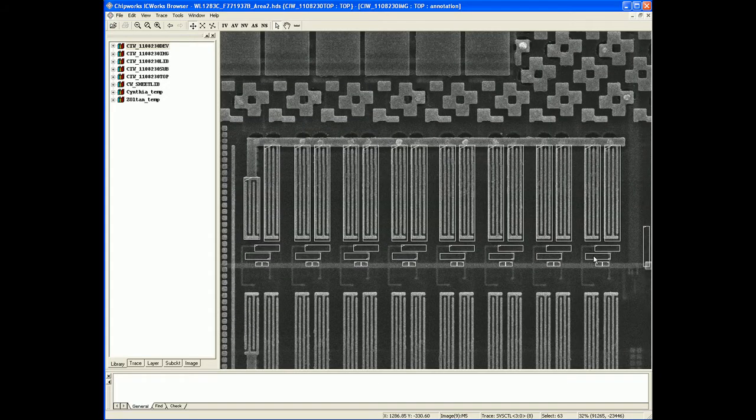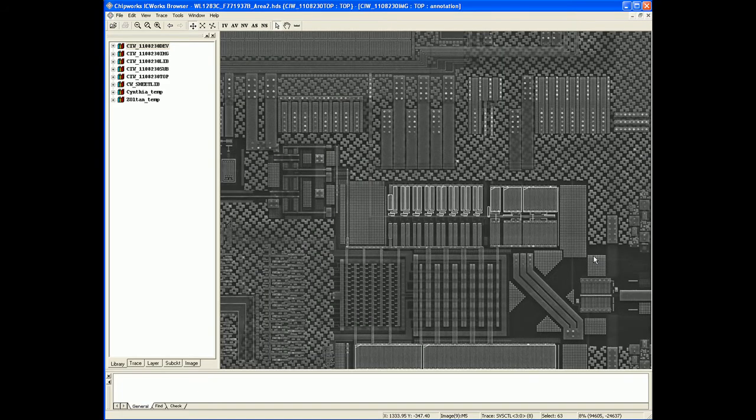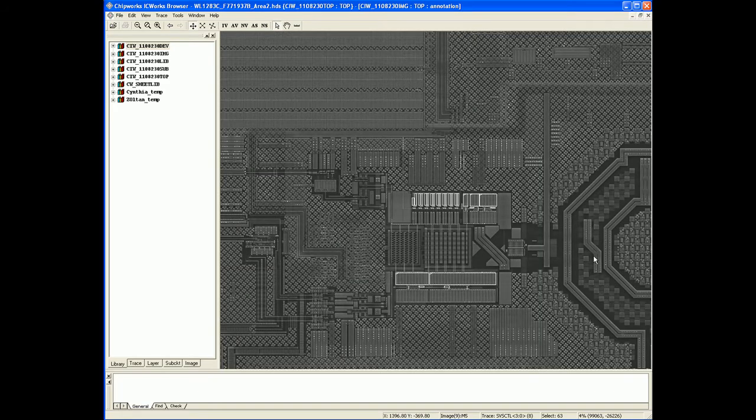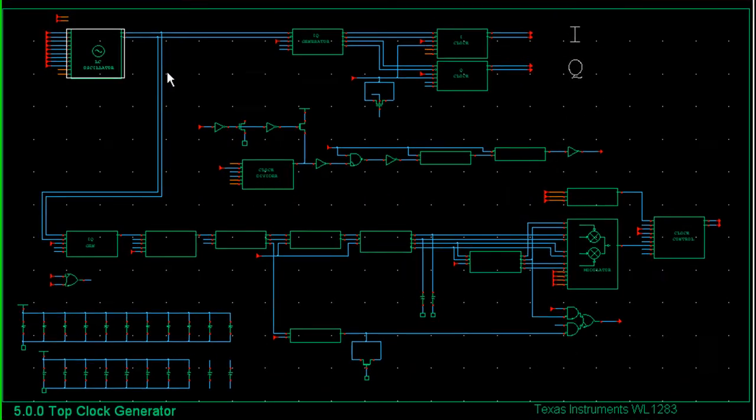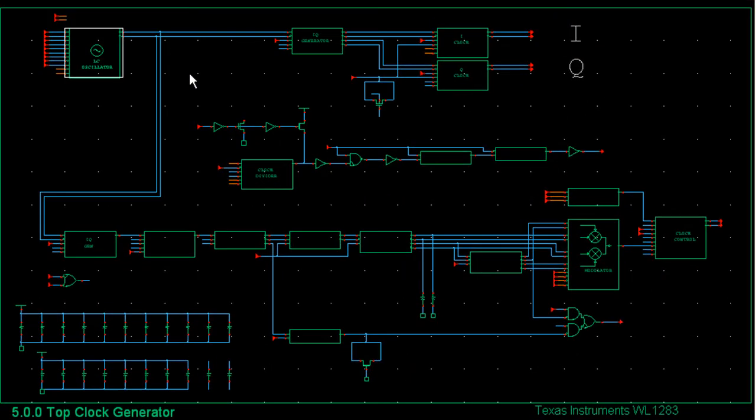These are actually finger type capacitors, and they are located right beside this inductor. Now let's take a look at the IQ generator, or one of the IQ generators.